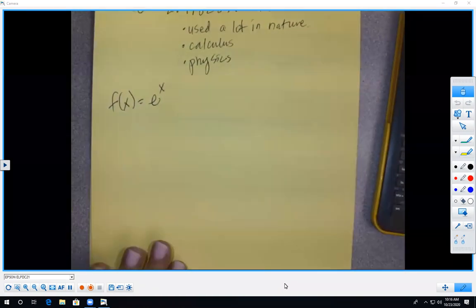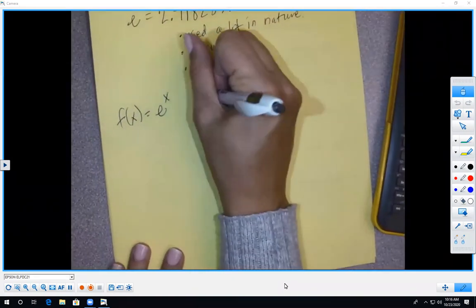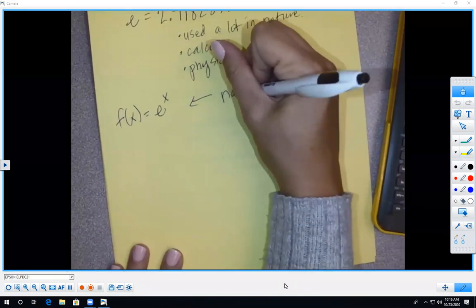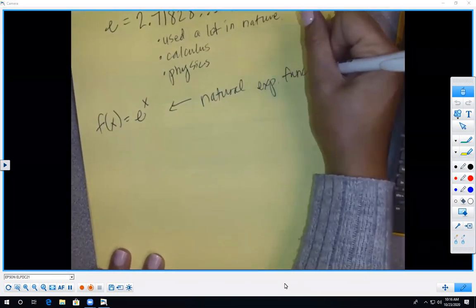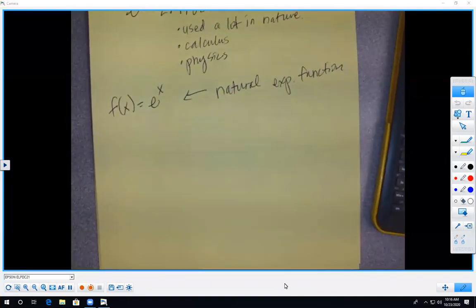Okay, so this e to the x power, this is called the natural exponential function. Very interesting though. The number e, Euler's constant, is used in functions.